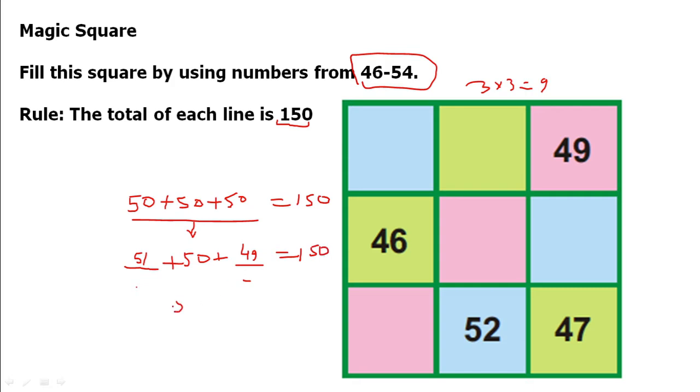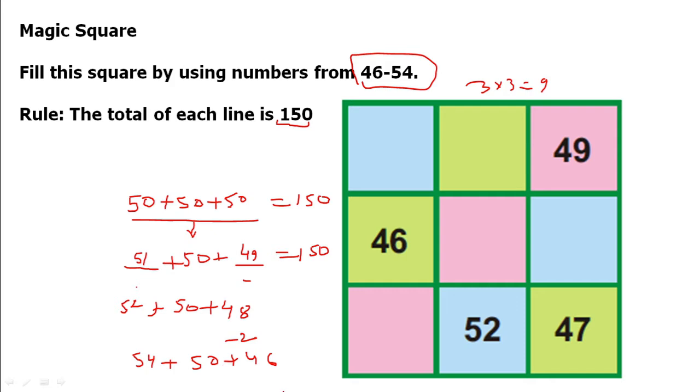If 50 is there, I use here 48, means 2 less, so I have to put here 2 more. If I put here 54, 4 more, so I have to put here 4 less. In this way, we have to adjust the sum 150.